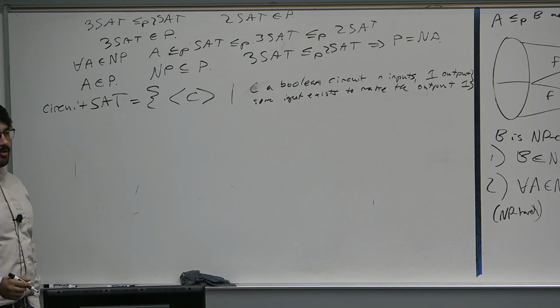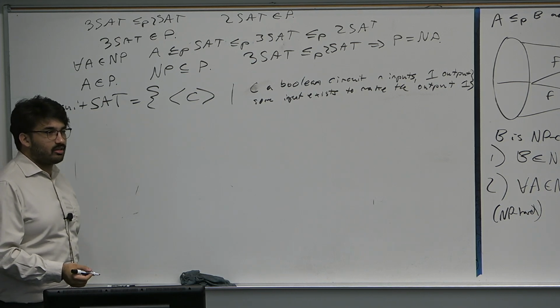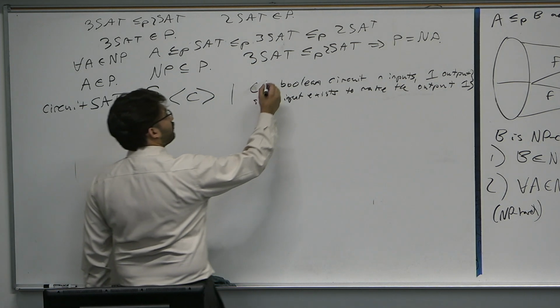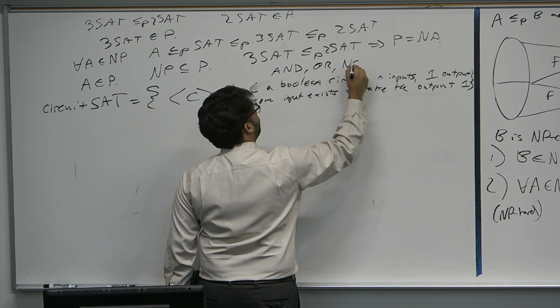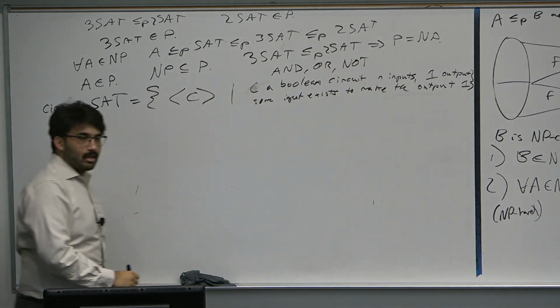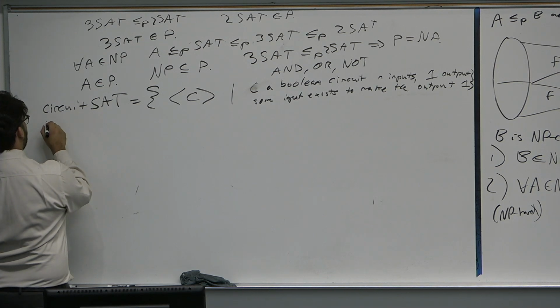Let's suppose everyone knows what a Boolean circuit is. Let's suppose the circuit basis is also AND, OR, and NOT, as known. I claim circuit SAT is in NP.